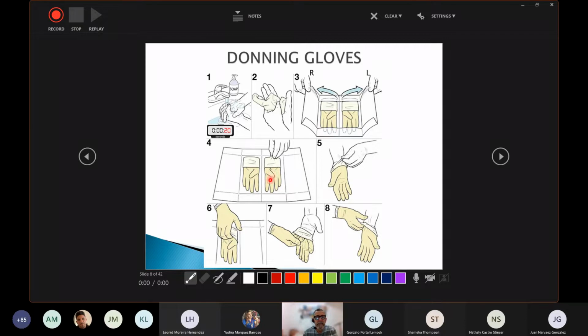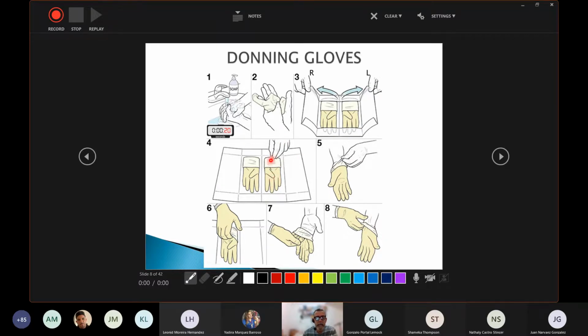Remember that the dark yellow part is sterile. The light or white is non-sterile. So you can just pinch, grab, touch the white part as this person is doing, but never touch the dark yellow, yes?